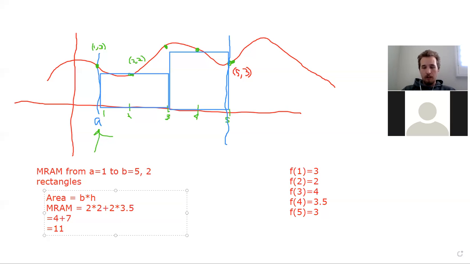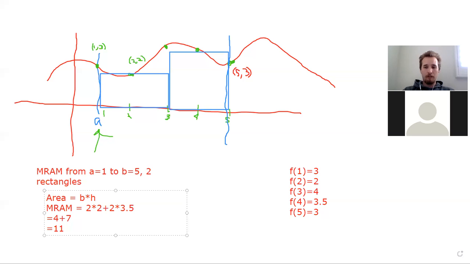The main thing with LRAM, MRAM, RRAM is as soon as you get your points, just sketch it out. If you draw it out, you will have a much easier time. Okay, I've got to do this rectangle, this rectangle, this rectangle, this rectangle. It'll be a lot easier. The hardest part might be if she gives you the function and you have to plug in for each point.